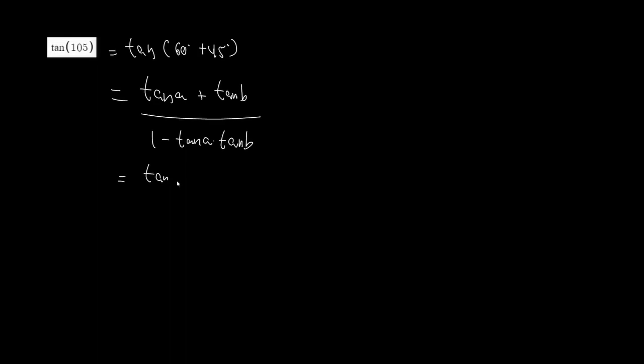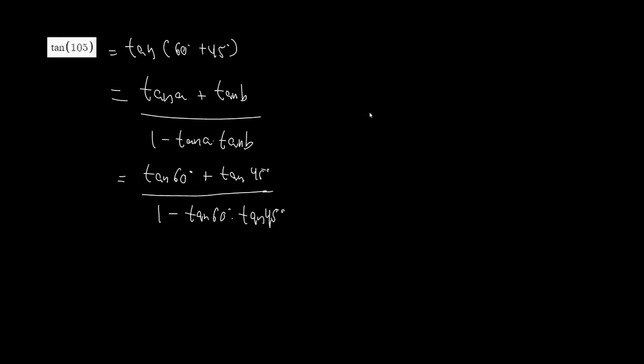Therefore, we have tangent 60 degrees plus tangent 45 degrees over 1 minus tangent 60 degrees times tangent 45 degrees.